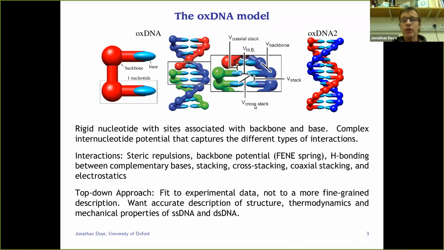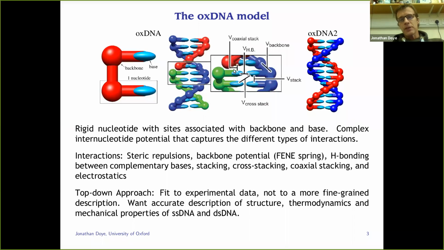So the issue with the coaxial stacking is that actually there's not that much data to parameterize it. Our parameterization approach has basically been to fit to experimental data. There's a wealth of experimental data on DNA thermodynamics, hybridization thermodynamics, and all the single-molecule mechanics work has given good information about mechanical properties of single-stranded and double-stranded DNA.